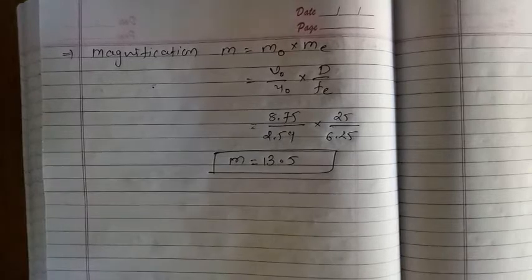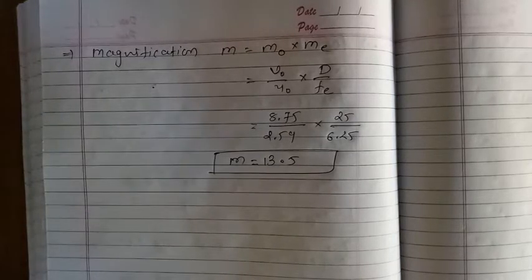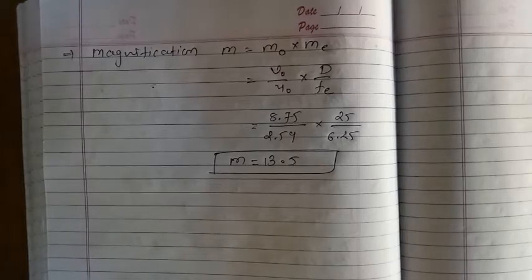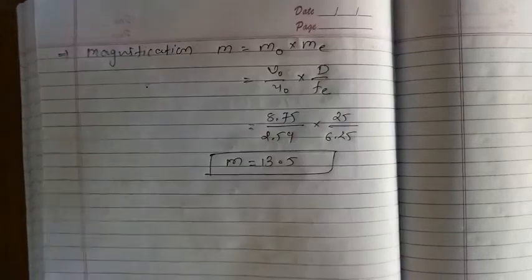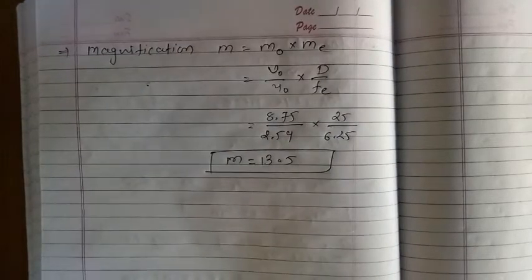Then we have to subtract this distance from the total distance between objective and eyepiece. So we get the image distance for objective. And if we know the image distance for objective, from the lens formula we can easily find out the object distance from objective, right? So this is a very easy example.